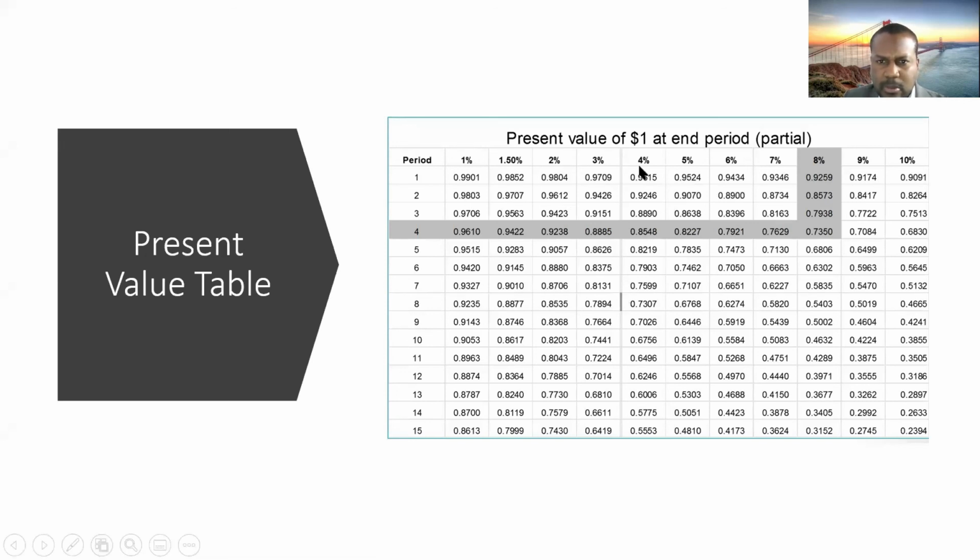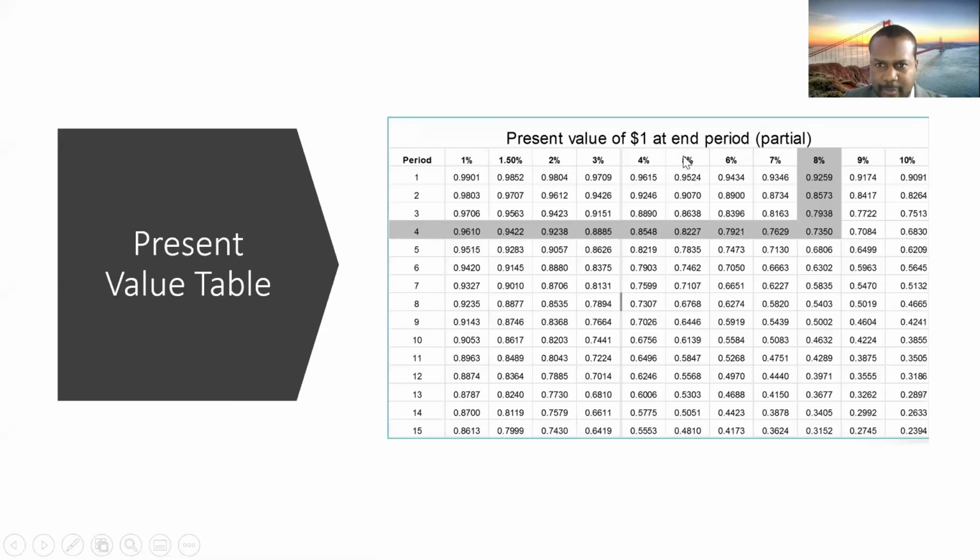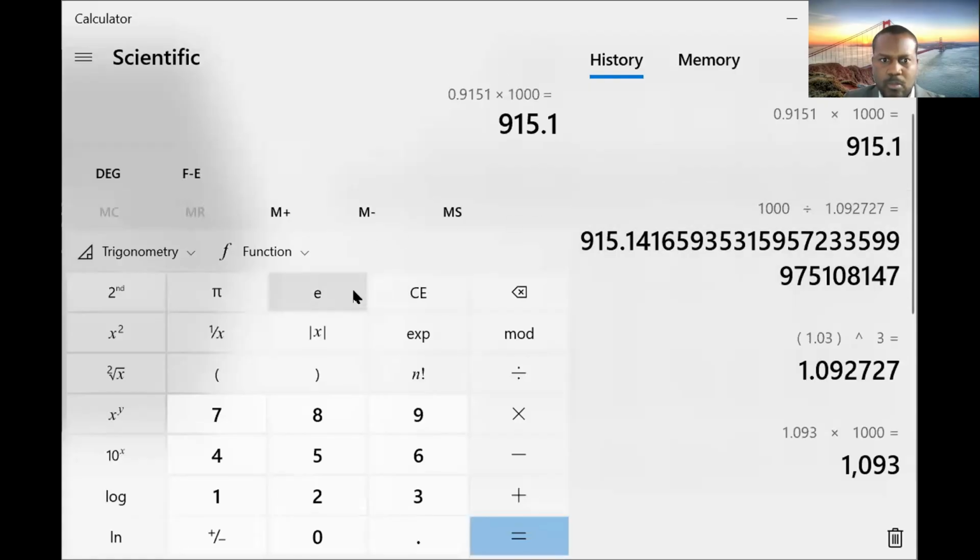5% and 4 years. 5% and 4 years is 0.8277. So new share screen. Zero point eight.